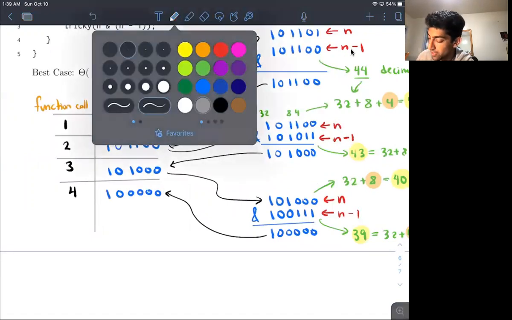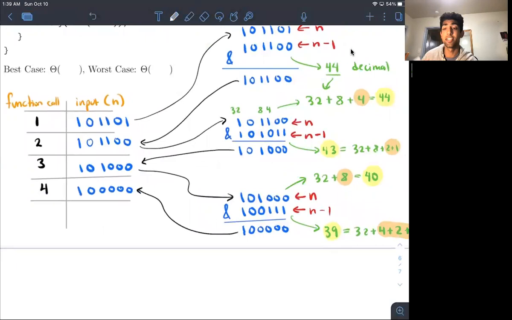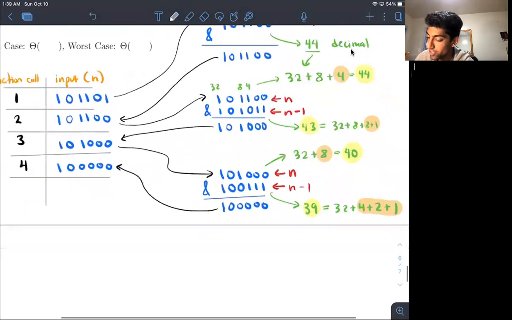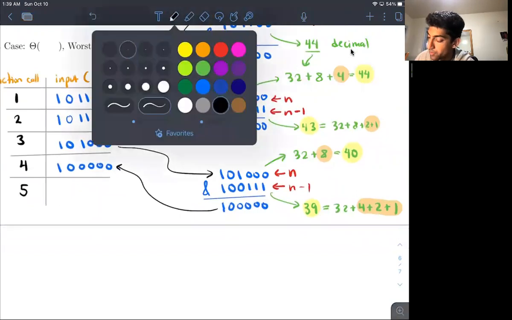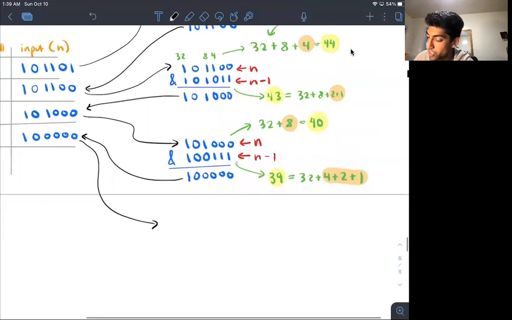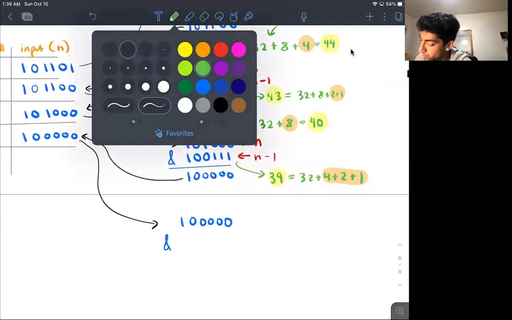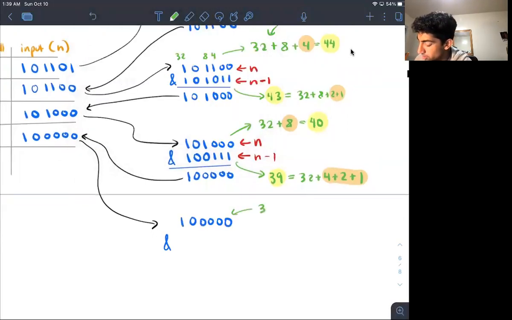Okay, so now let's just do the last iteration, and then we'll start drawing some cool conclusions and generalizing from there, right? So for this last iteration, we are going to once more look at an AND operation. So now we have n, this should be 32.